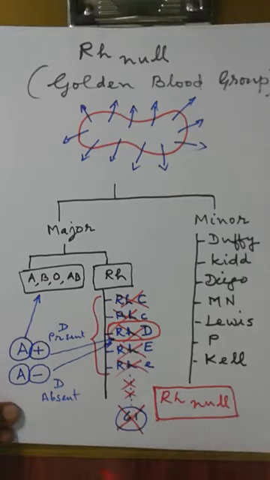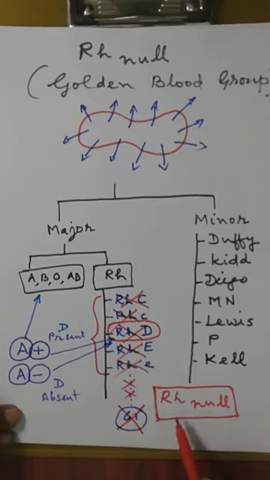So normally what they do is take their own blood and keep it in the blood bank. That is the only way this RH null person can get similar blood.